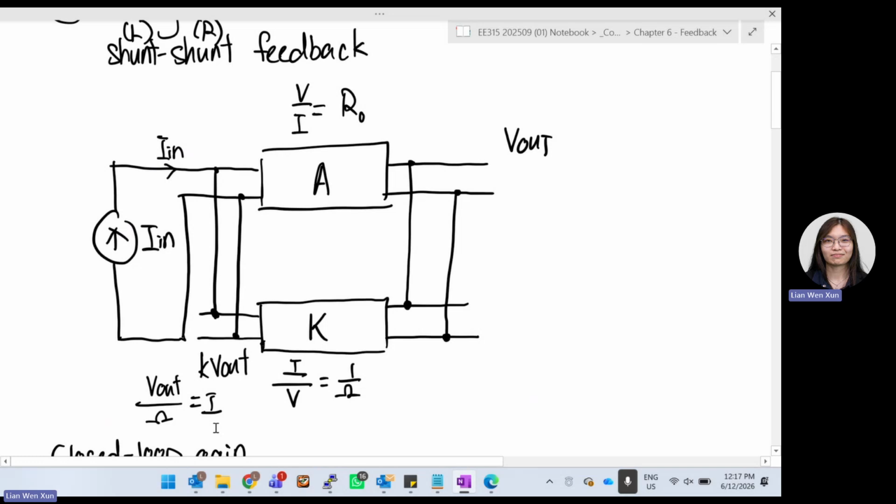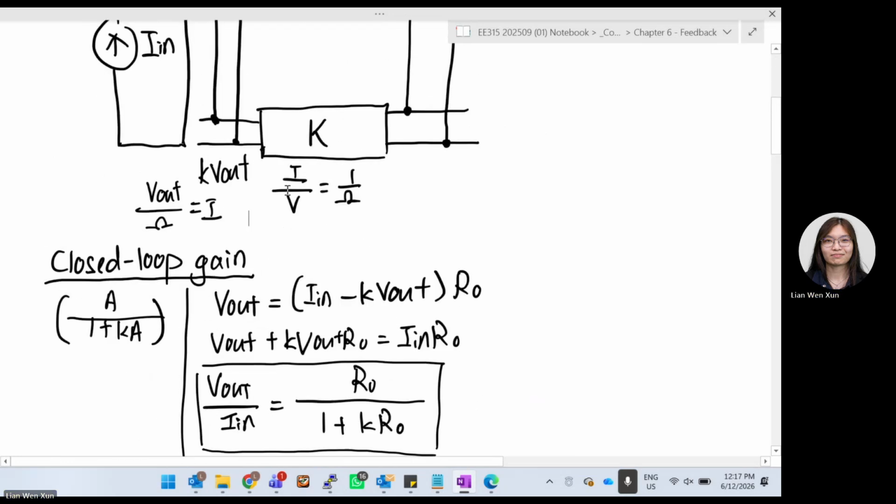V over R equals current, so Vout times 1 over ohm is basically your current. So we feed back current inside. This is the correct drawing for your shunt feedback network.